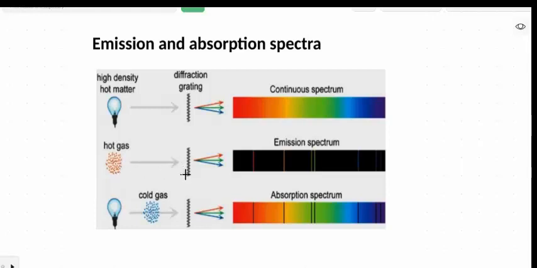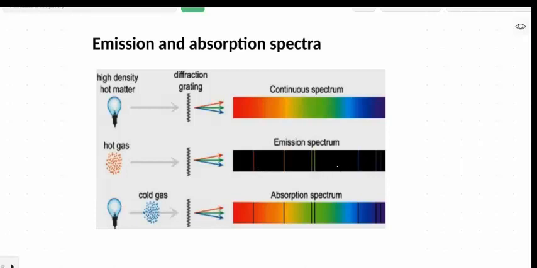When it passes through the diffraction grating, we see a dark background, but I see some colored lines. We will call them emission spectral lines later. Here we have about 6 to 7 colors.